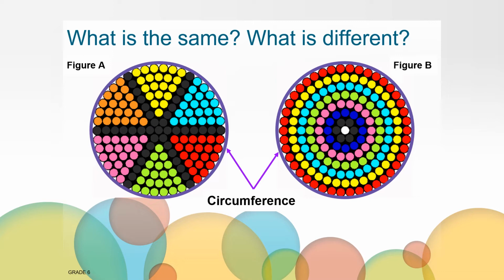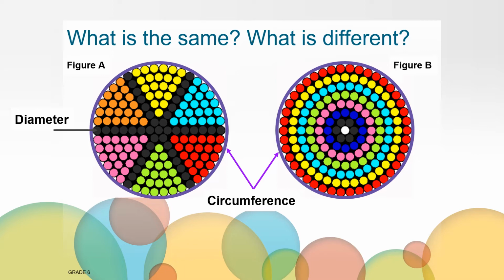You might have also noticed that the dark gray circles in figure A have been placed next to each other to form line segments that partition the circle into 6. These line segments cross through the center of the circle and cut it in half. Mathematicians call this line the diameter. Figure A has line segments that show the diameter of the circle, and figure B does not.